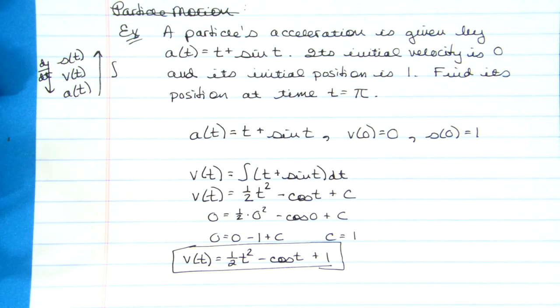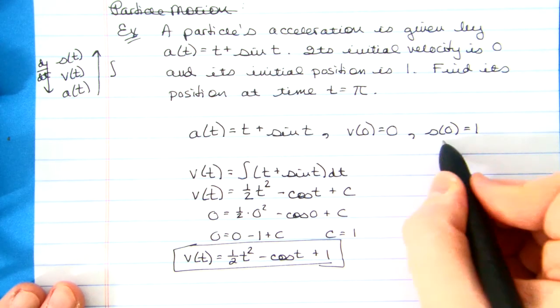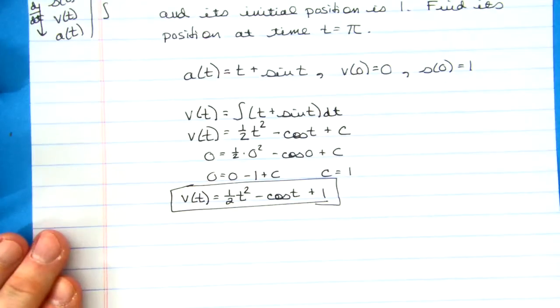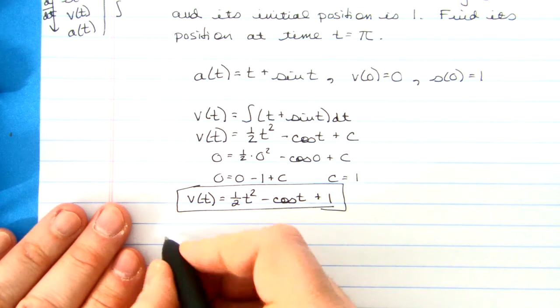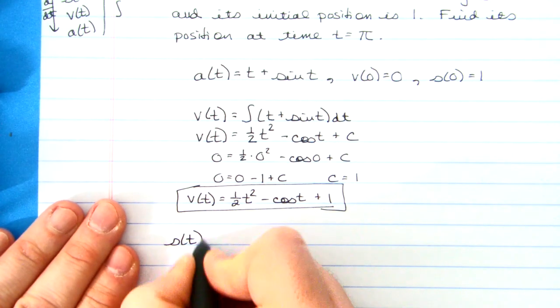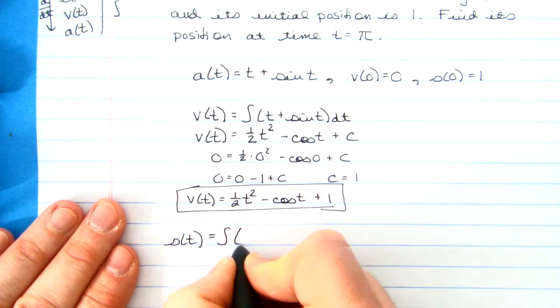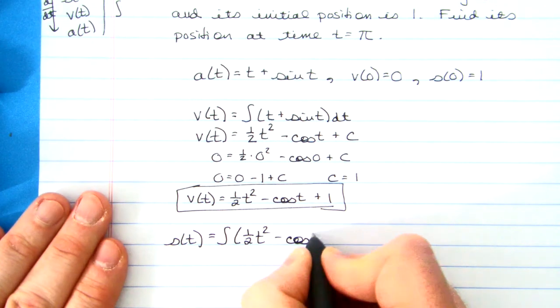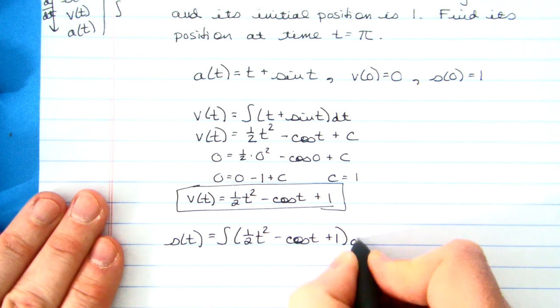Now, please go integrate that, get your position, and we'll use this s of 0 equals 1 to find the c. Please go find your particular solution for the position. Okay, so I'm going to integrate 1/2 t squared minus cosine t plus 1 dt.